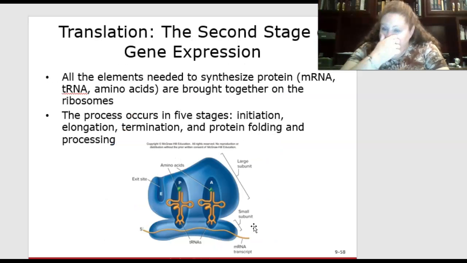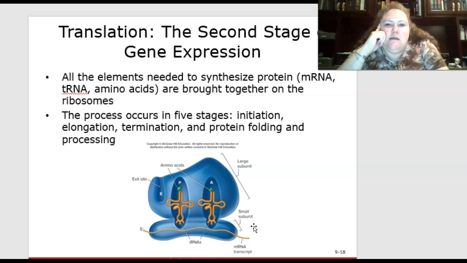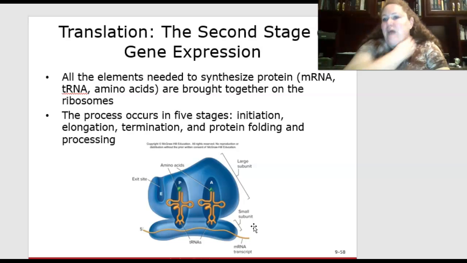So then this is going back to that figure that we just talked about, 9.14 previously, and this is where we're talking about translation, and this is the second stage of gene expression. So all of the elements needed to synthesize the protein are brought together on the ribosomes, and the process occurs in 5 stages.